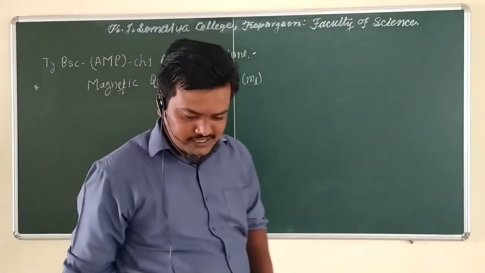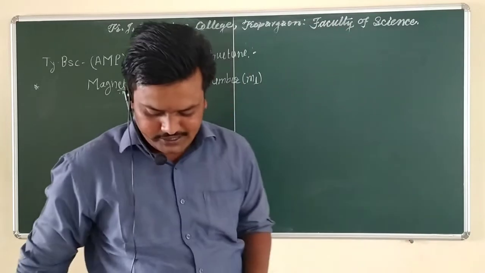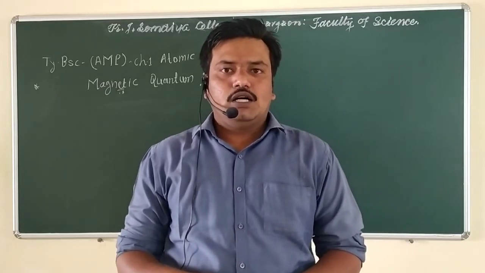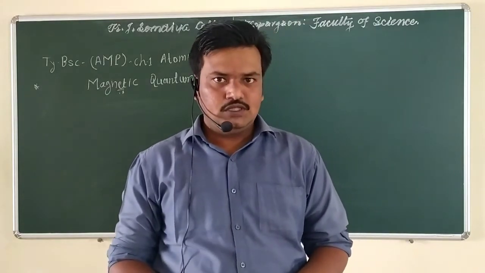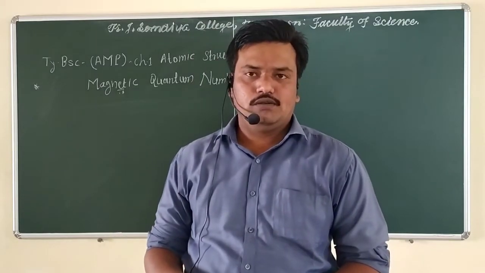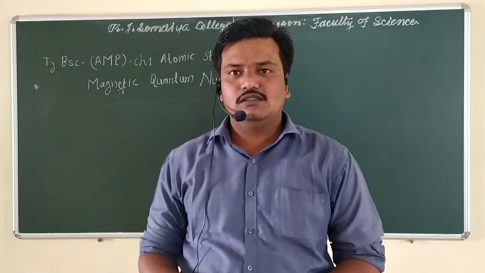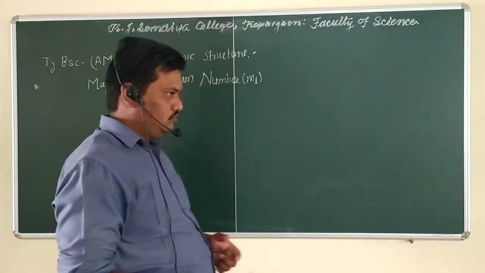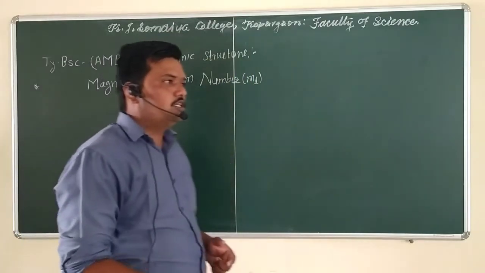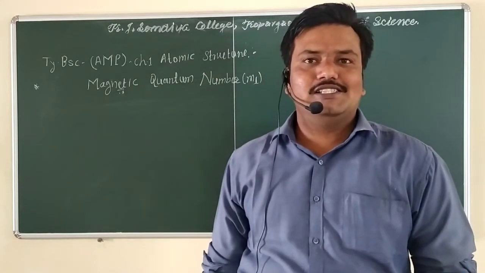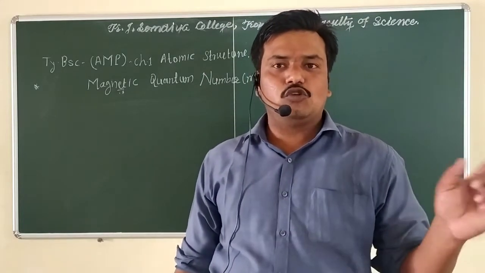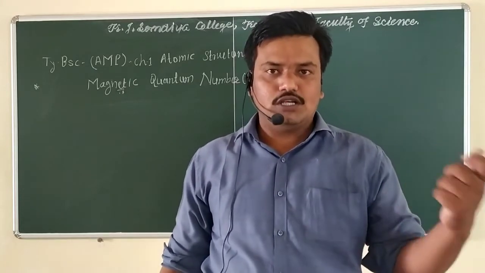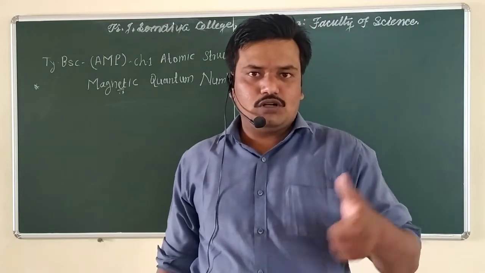But according to the spin theory, S. Goudsmit and Uhlenbeck have provided the theory of spin quantization. So that gives the spin quantum number, and this is the fourth extra additional quantum number, which is the spin magnetic quantum number, and it gives the value that s is equal to half, and the orientations of this s value are plus half and minus half, plus half spin for the up state and minus half spin for the down state.